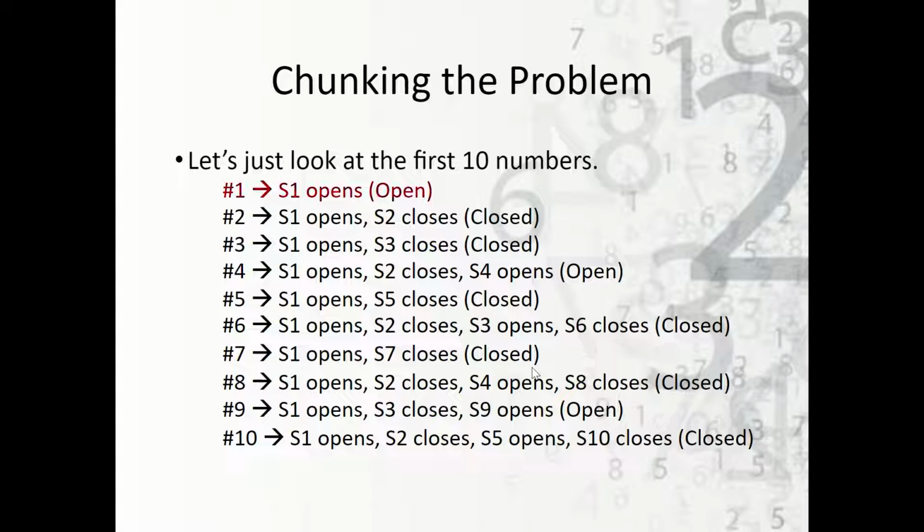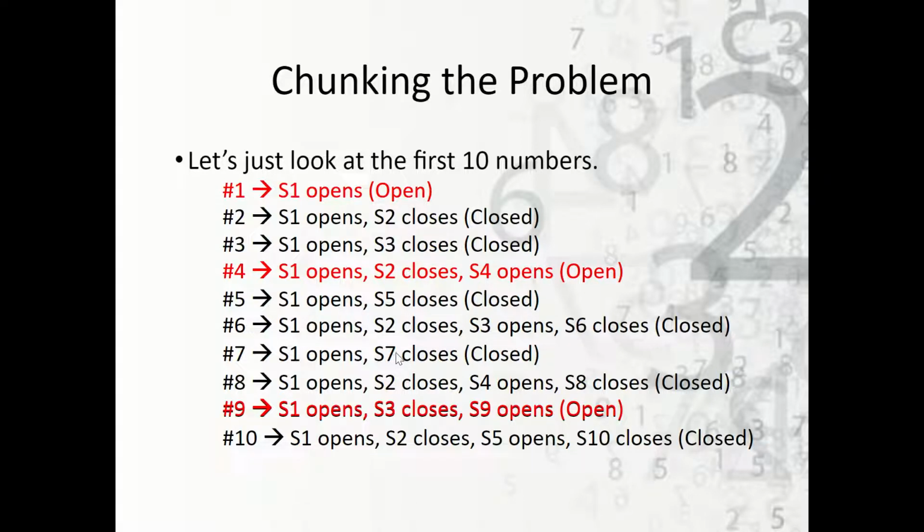So if we look at it then, we can see that the ones that are open at the end of this are lockers 1, 4, and 9. Well, what patterns do we notice about it? Well, if we notice all of these other ones have an even number of factors, right? In order for it to be closed, we have to have an even number of factors. And notice we have an odd number of factors here for it to be open.